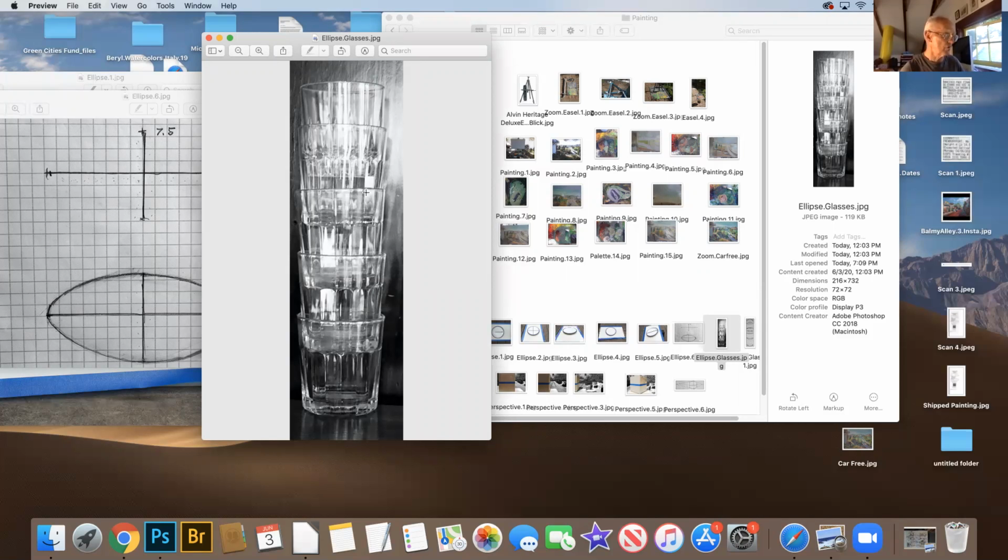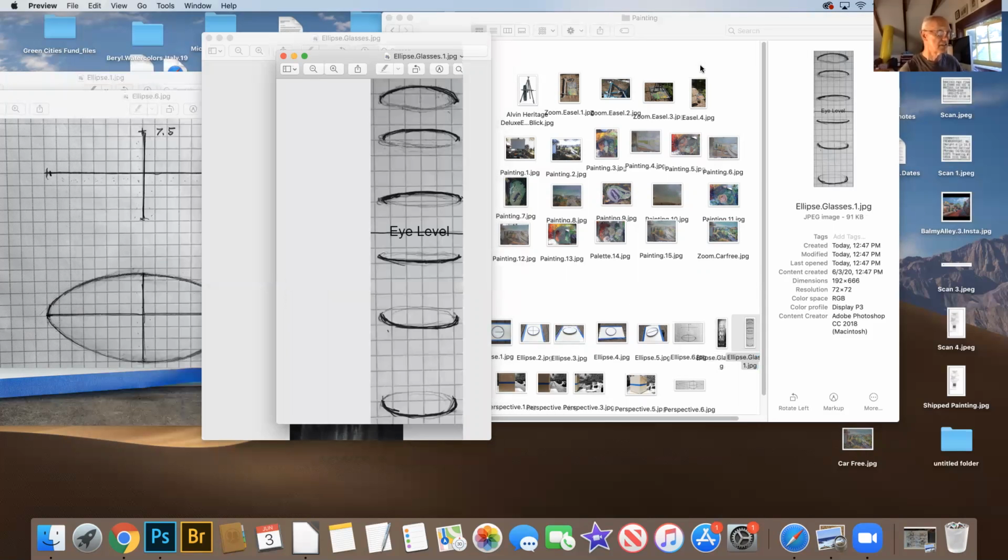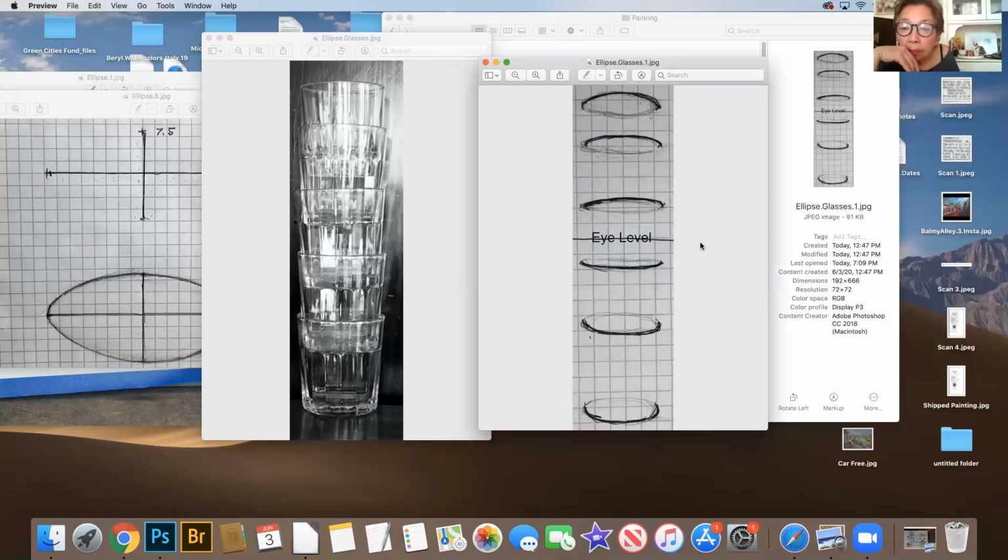And then the curves start to increase in the opposite direction. To show you exactly what I mean, I traced it. Here's our eye level. Here's the circles below our eye level and the circles above our eye level.